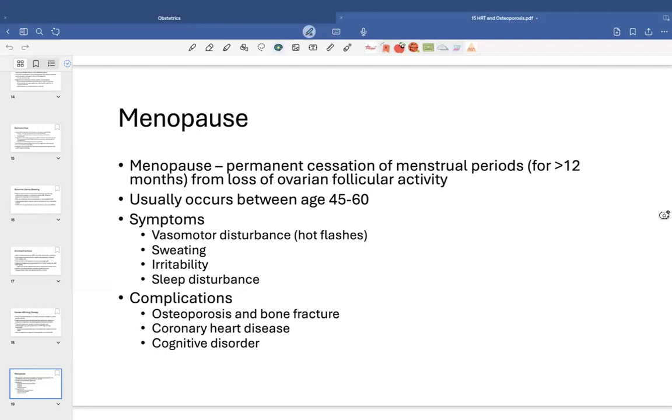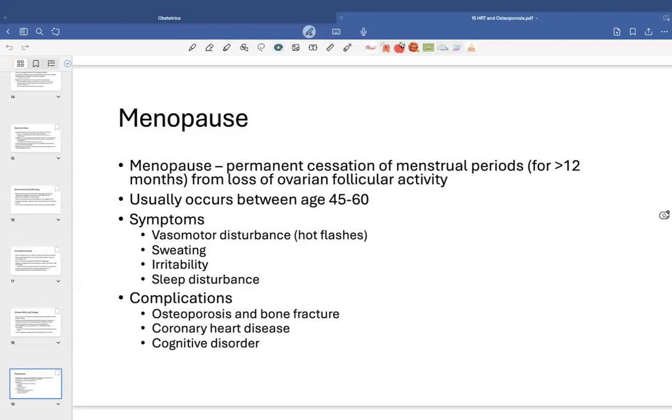The drop in estrogen levels, not acutely, but over that perimenopausal period, causes a number of characteristic symptoms such as vasomotor disturbances, which of course are hot flashes, and often the sweating that goes along with it, mood changes, irritability, sleep disturbances, and over time there can be complications such as osteoporosis, because the loss of estrogens and its beneficial effects on bone is going to be diminished.